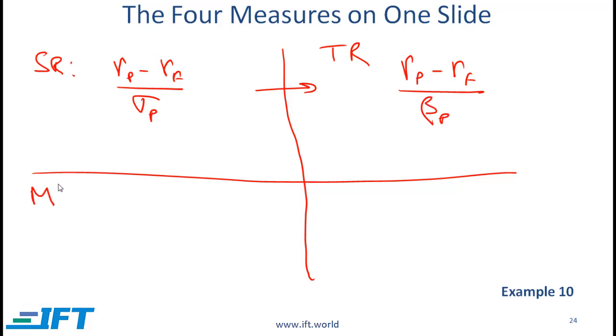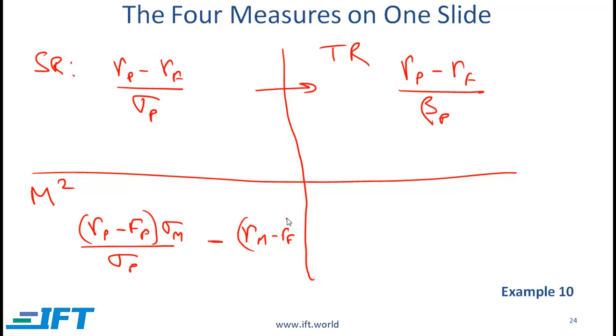Then we talked about m squared, and here again I'll help you remember m squared. We first just write out the Sharpe ratio, and then we multiply this by the market risk and then subtract the market risk premium, which is Rm minus Rf.